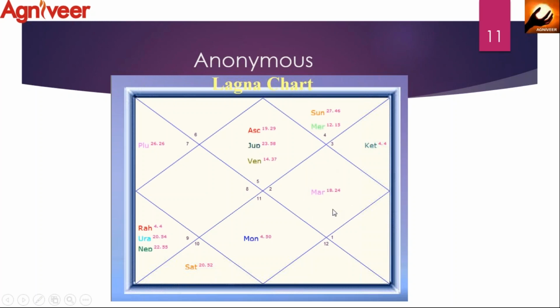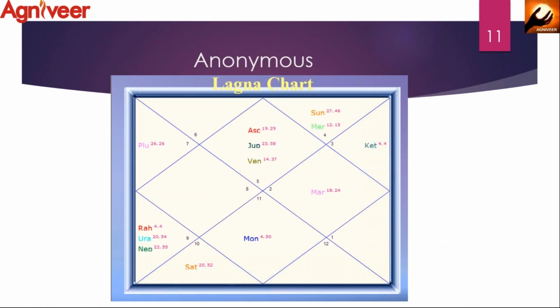So when you analyze the entire personality, it looks quite good. But the key thing that I'm pointing out here is the Venus and Moon aspect, which makes a person more attractive, beautiful, and good looking.